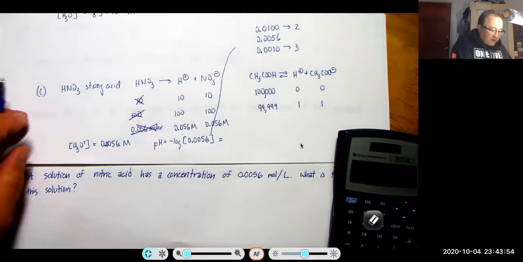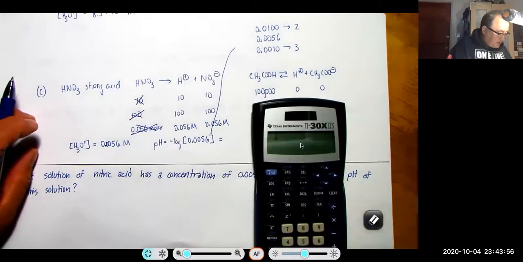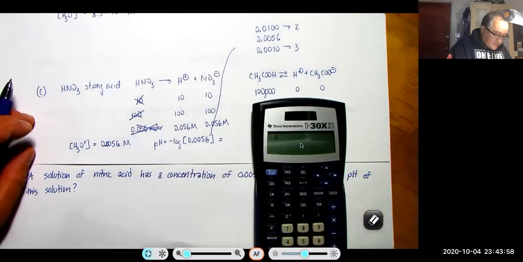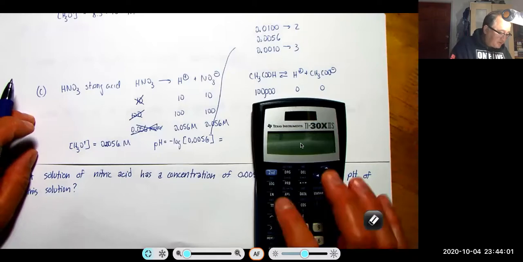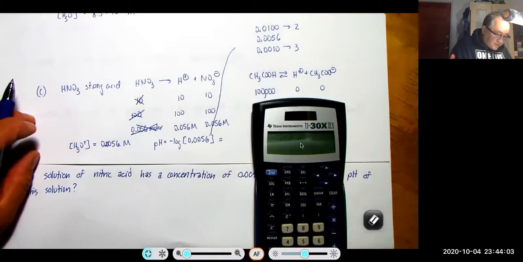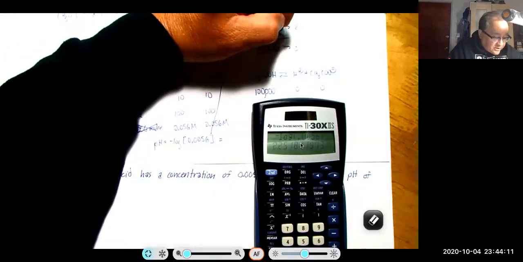Let's see what it turns out to be. So I'm going to do negative log, 0.0056, end parentheses. I didn't do that last time. Now I'm going to put equals, and we get 2.25.